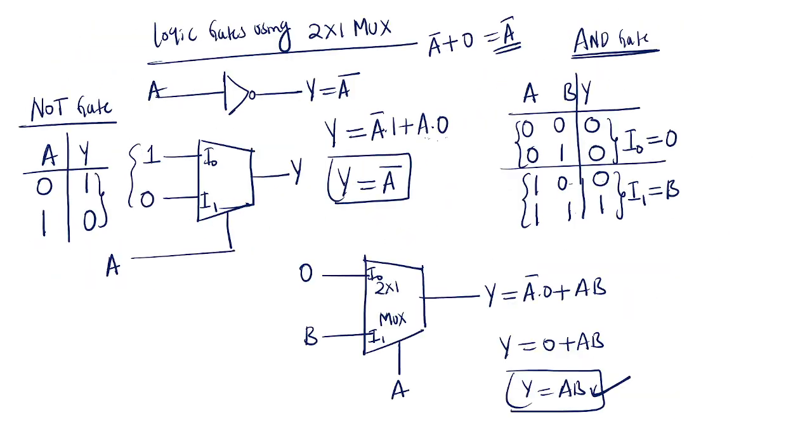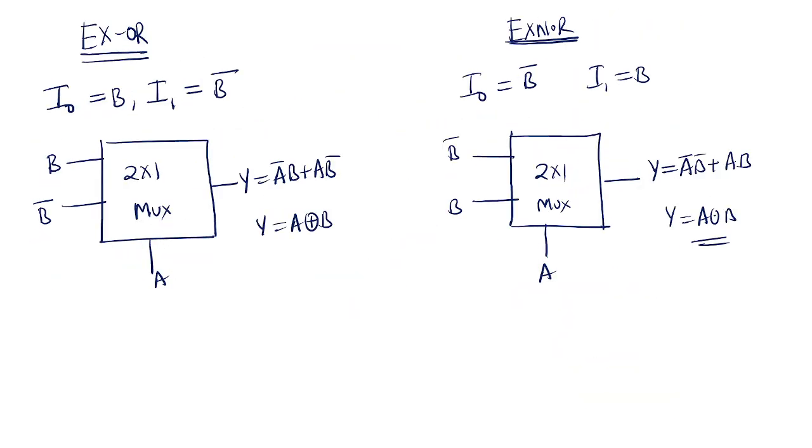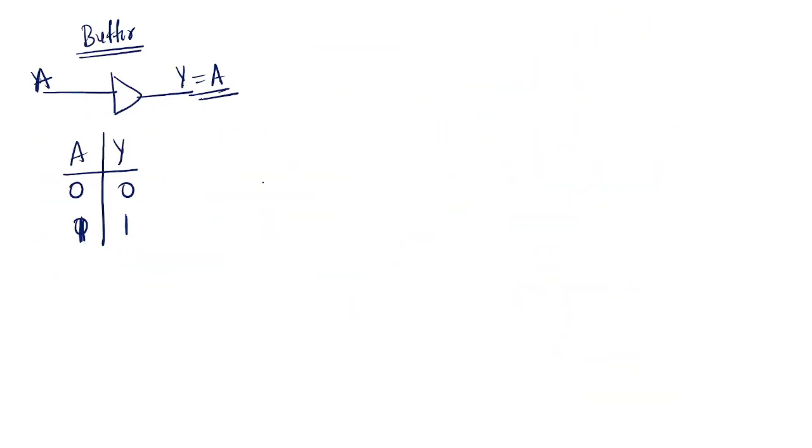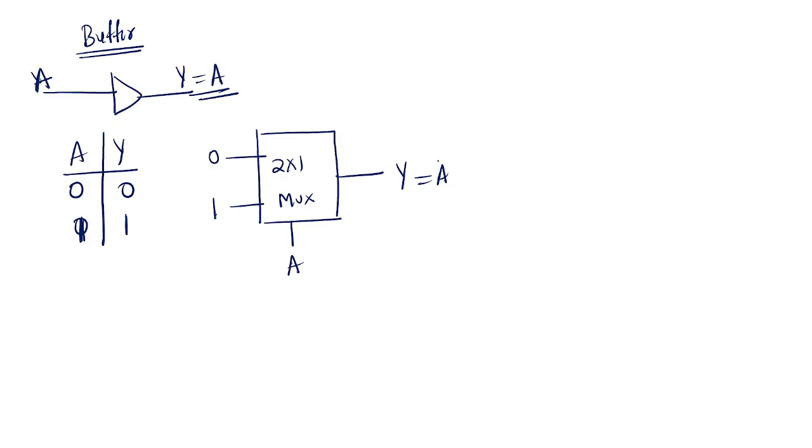Same thing. One input, 2 cross 1 mux, and A is the selection line. And Y equal to A bar and 0 plus A and 1. Y equal to 0 or A. Y equal to A. Okay.